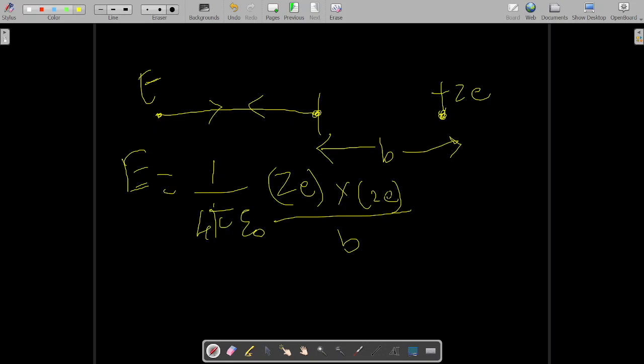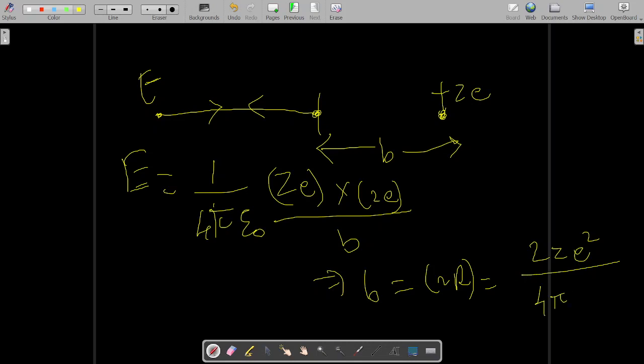Now the value of B from here will be approximately R, which comes out as 2ZE square over 4 pi epsilon naught E.